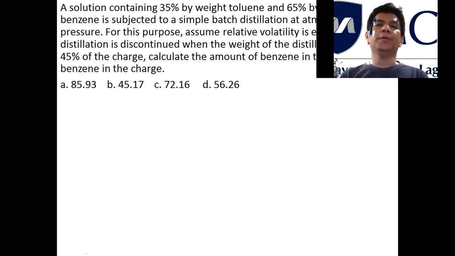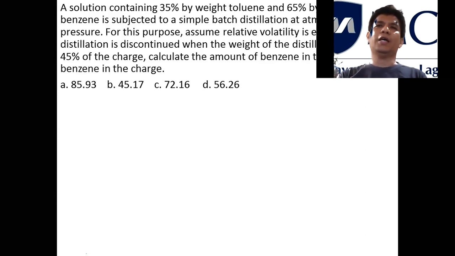So in these cases, when you are given fewer variables, but you have other data like 45% of the charge becoming distillate, in this particular type of problem, you need to use a basis. So, for example, use 100 kilogram of feed as your basis. So automatically, you will have 45 kilogram of distillate.